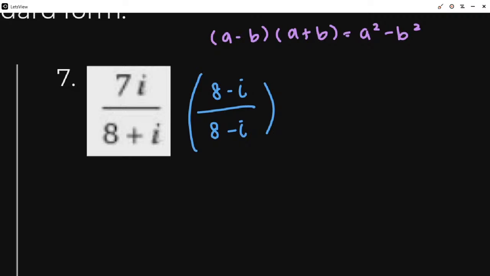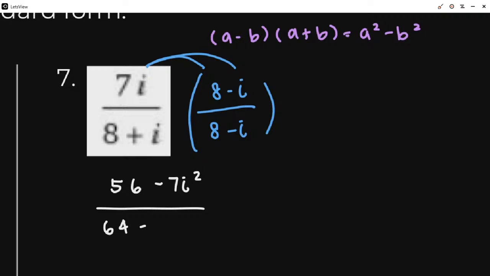So on the top we're going to distribute 7i to both, so that will give us 56i minus 7i squared. And on the denominator we're squaring each part. So that's going to be 8 squared, which is 64, and then minus i squared, which is negative 1.